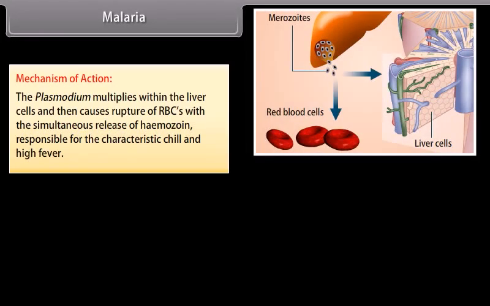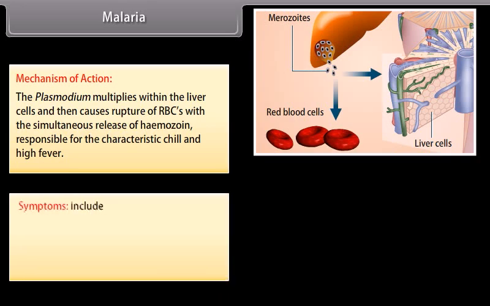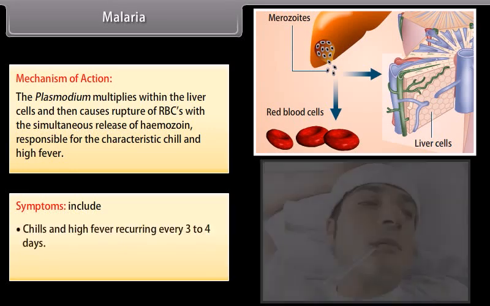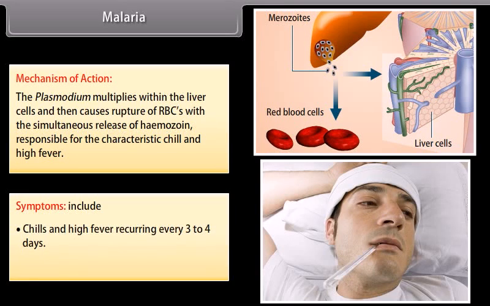Mechanism of action: the Plasmodium multiplies within the liver cells and then causes rupture of RBCs with the simultaneous release of hemozoin, responsible for the characteristic chill and high fever. Symptoms include chills and high fever recurring every 3 to 4 days, fatigue.